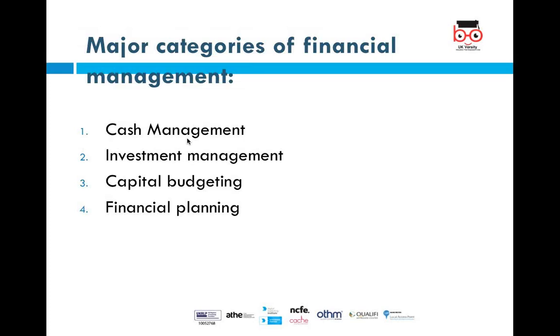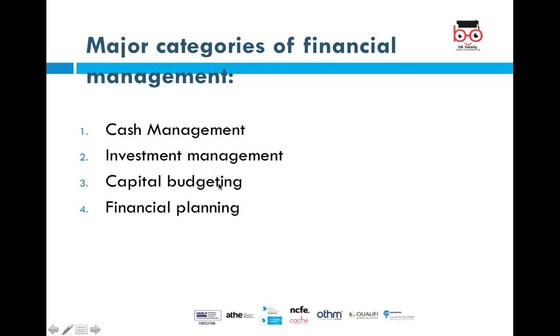And then there are major categories of financial management, because we are talking about management accounts and financial management. If we see the different sections and aspects and categories of financial management, there is cash management, which includes the cash budget and cash flow statements. Investment management, which is very much associated with ratio analysis.